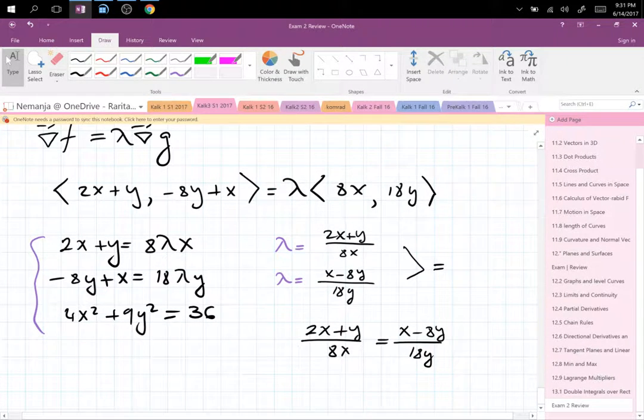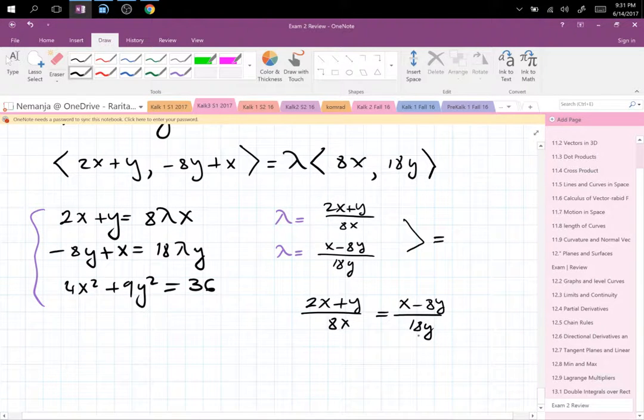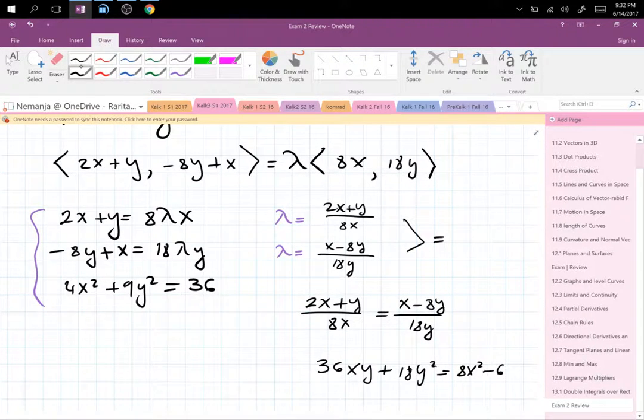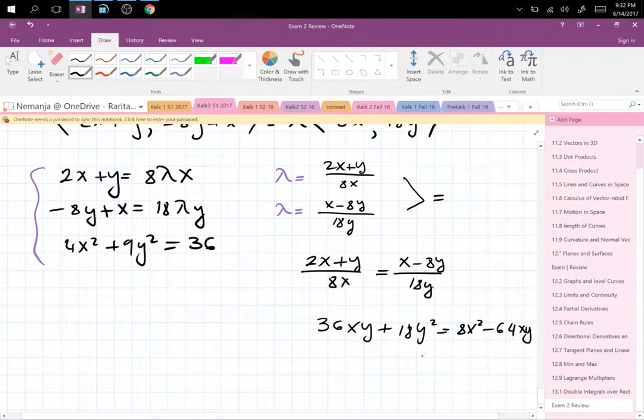Now we cross multiply, put everything on the pile. That's 18 times 2, 36xy plus 18y squared is equal to 8x squared minus 64xy. Put them all on the pile.